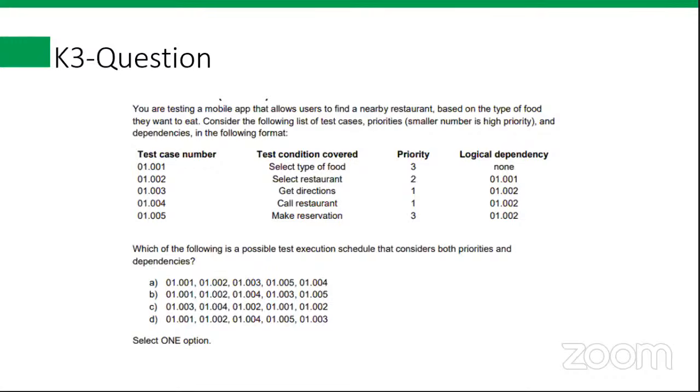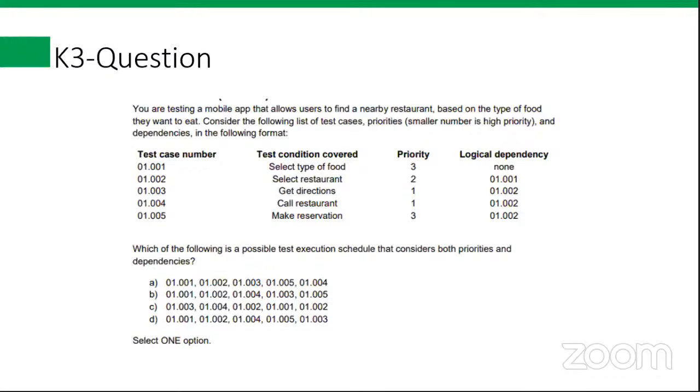So if you look at it, what you will be basically doing is to arrange based upon the priority. As you see, you have test case 3 and 4 with the highest priority, that is priority 1. But corresponding to this priority, if you look at the logical dependency column, you can see that test case 3 and 4 will execute only if you execute the dependency test case, that is test case number 2, which means now the order of execution would be 2, then either 3 or 4.